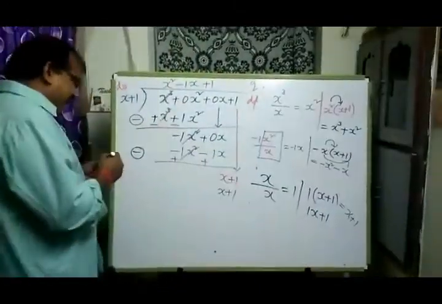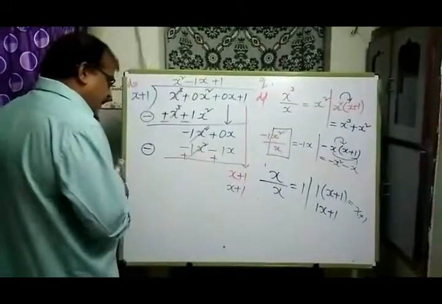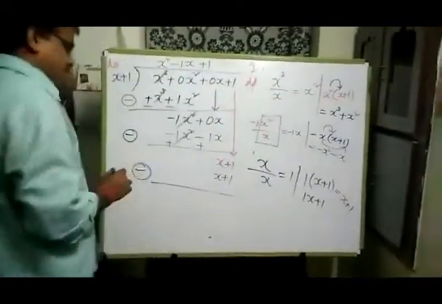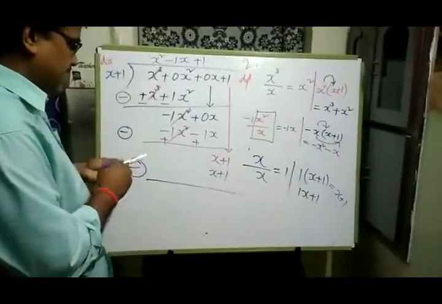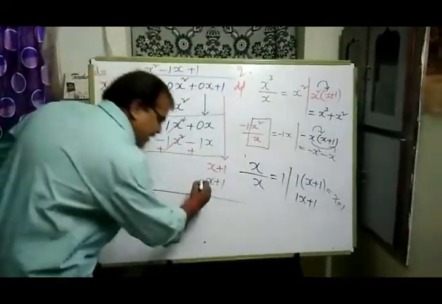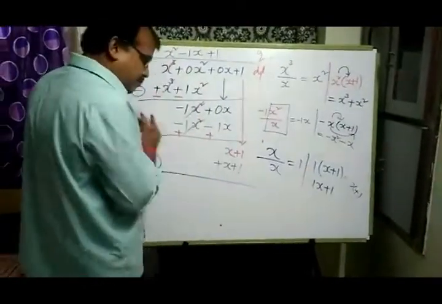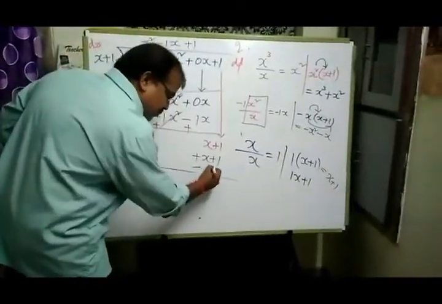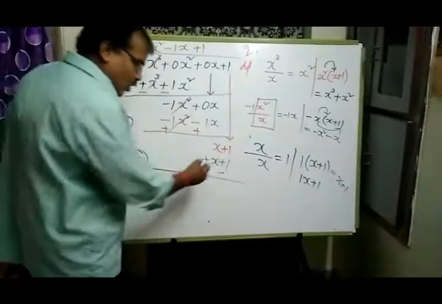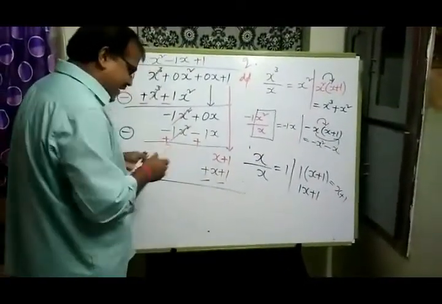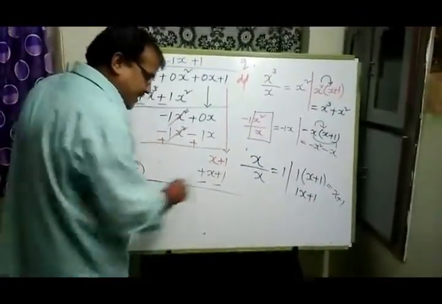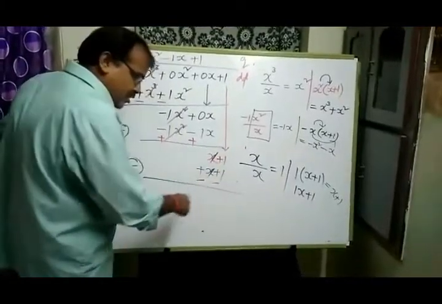Now again perform subtraction, like normal division. Because of this minus, this plus becomes minus. So x and minus x will be cancelled, x and minus x is 0.